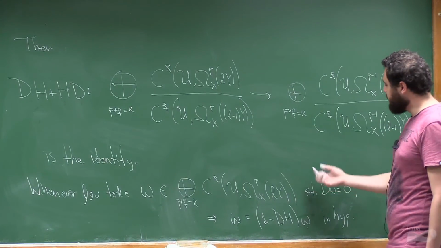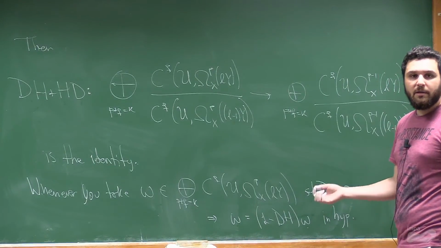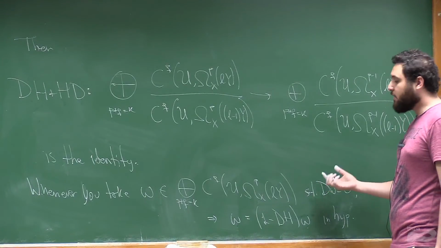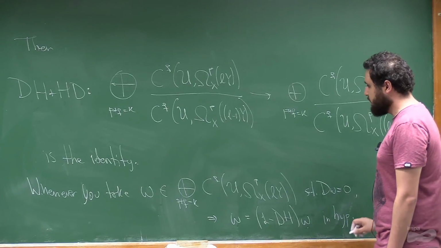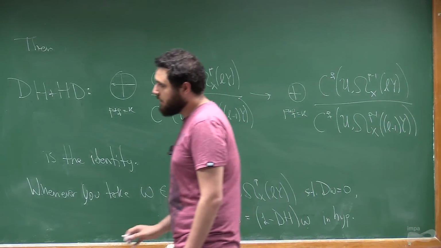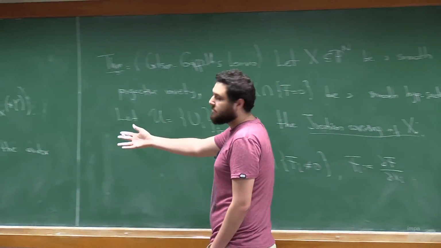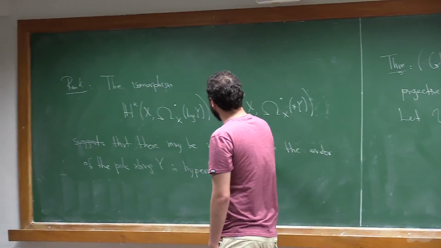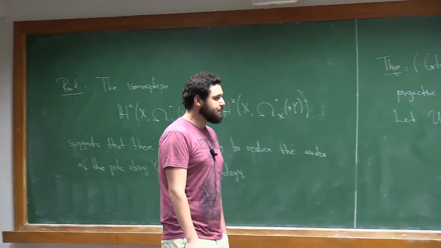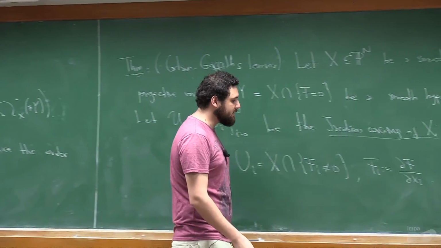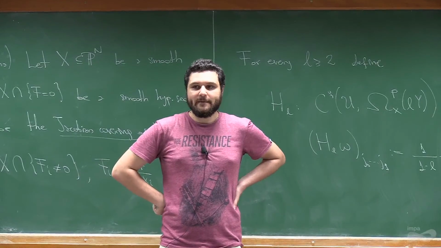So d of any of these will also have a pole of order at most 1, and so it will be a logarithmic form. And so this is the way that you can prove this isomorphism constructively. This is an explicit way to construct this isomorphism, okay? And we will use this in the next class to prove Griffiths' theorem. Okay, questions?